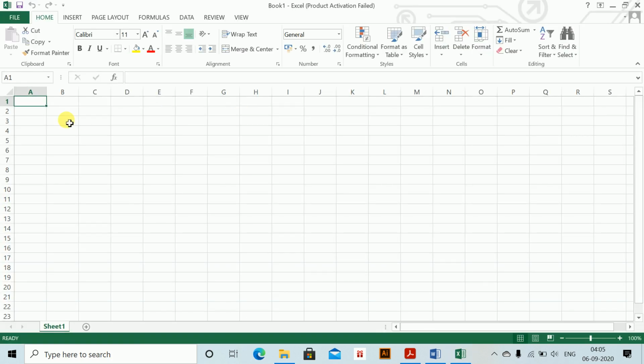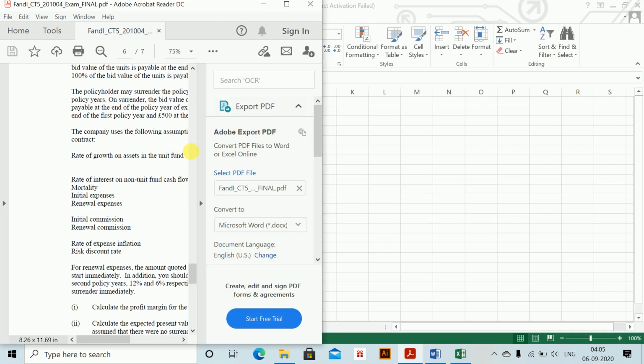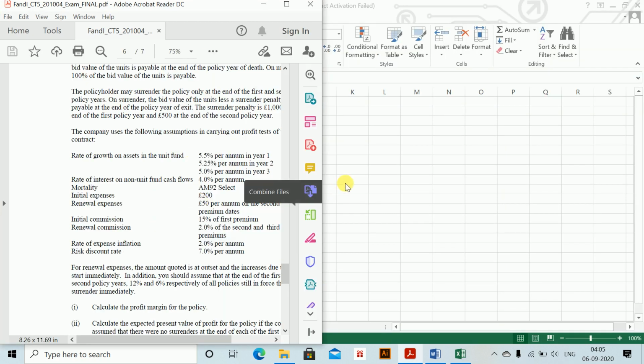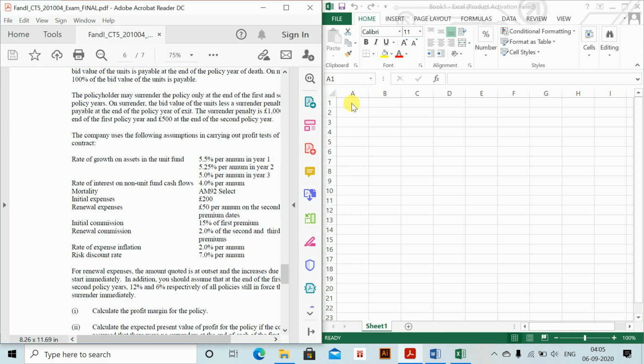So first we'll note down all our values. I'll just do a quick split screen so that I can write the values just seeing this. So growth on asset is 5.5%, 5.25% and 5.5%. Then non-unit interest is equal to 4%.